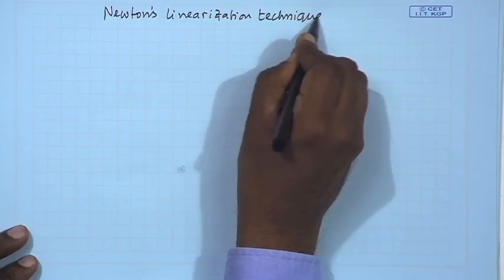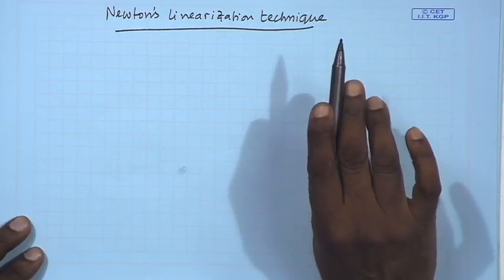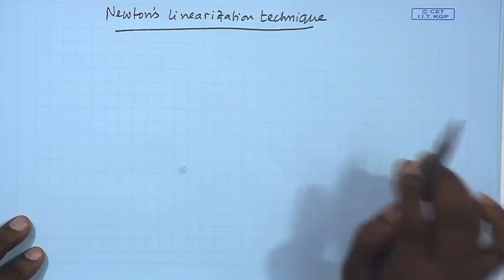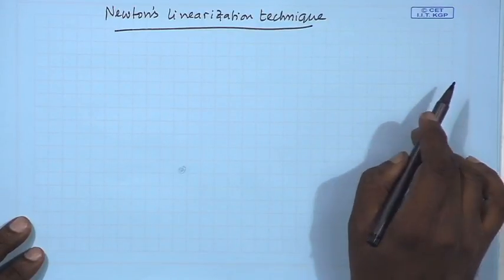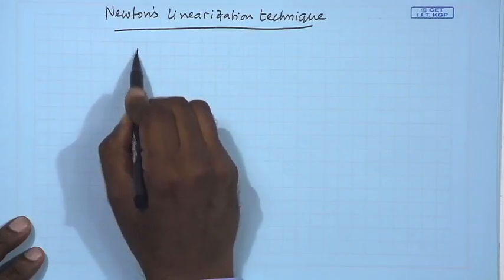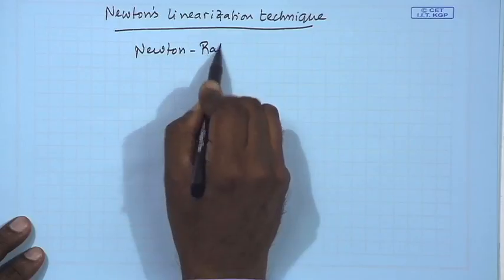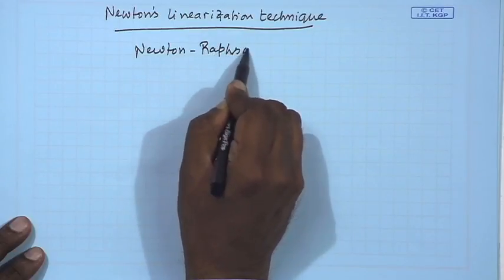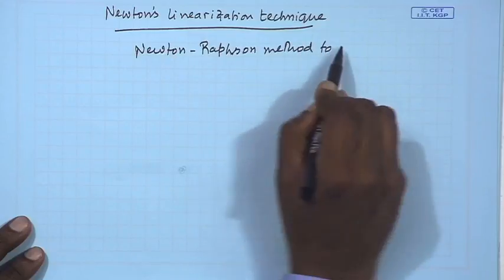Now, before I talk about Newton's linearization technique for the nonlinear boundary value problem, first recall the Newton-Raphson method for finding a root.